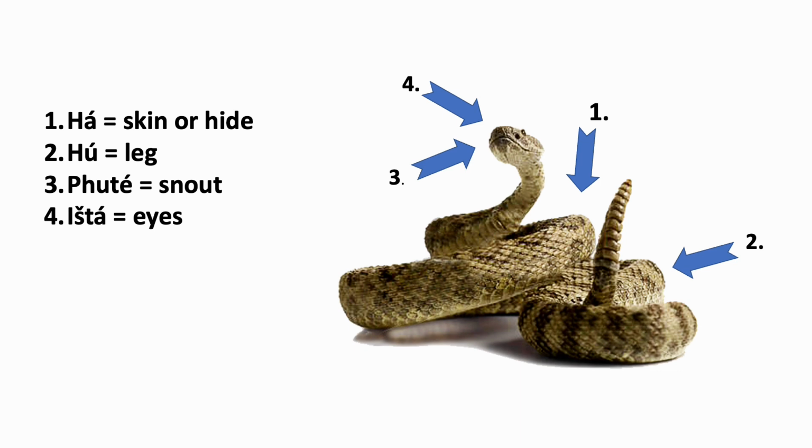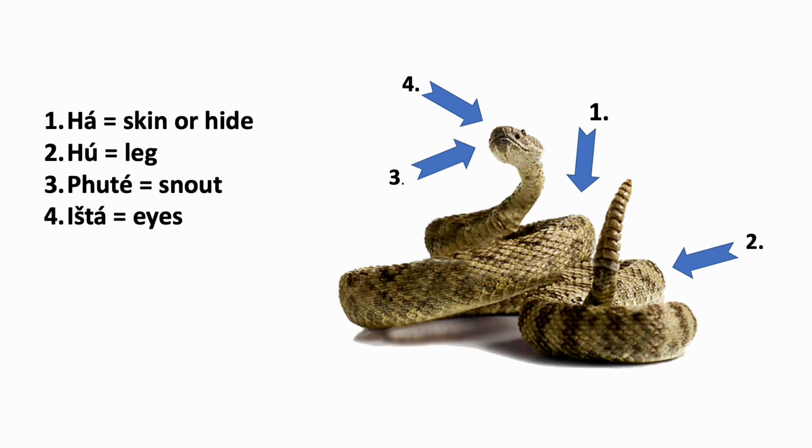Okay, so we're still going to have a sequence, and we want to try to keep to that sequence. Like I said, that'll help you remember body parts and then how to describe them. Obviously, snakes don't have fur or hair, and as we're describing animals that don't have fur or hair, they're going to have skin or hide, and that word is ha, skin or hide.